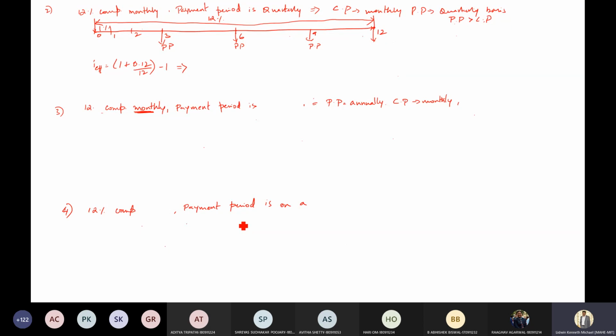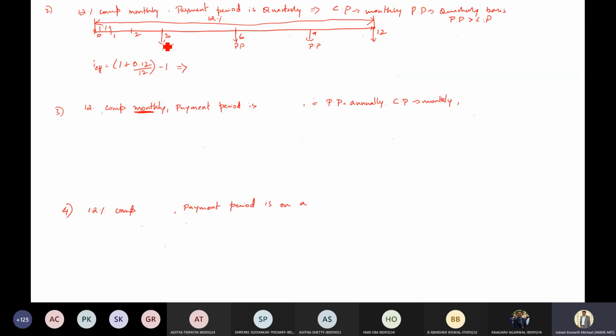So your value of N is very important. M is nothing but 12 over here. So the interest rate per compounding period, or per month, is 1%. Now your first payment is made at the end of the first quarter. Usually if it is 12% compounded quarterly, we take it as 4.